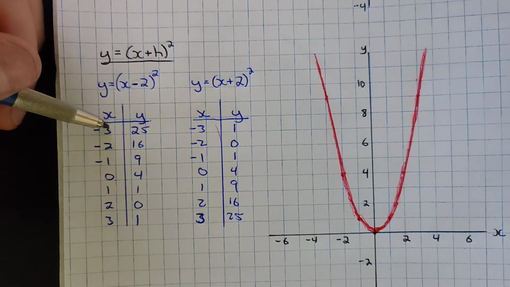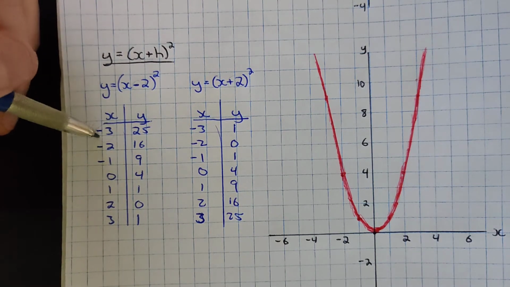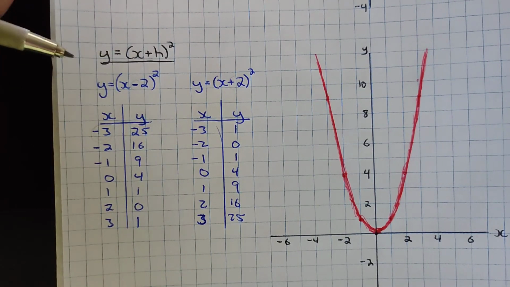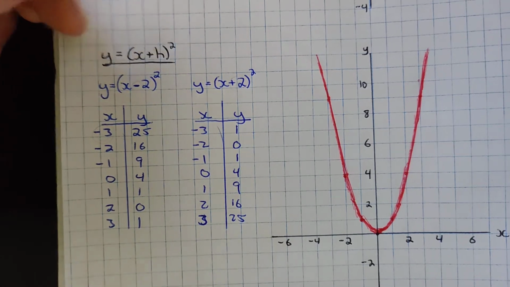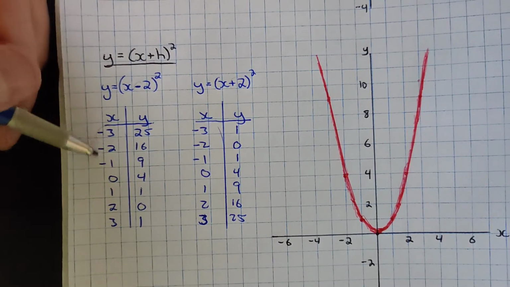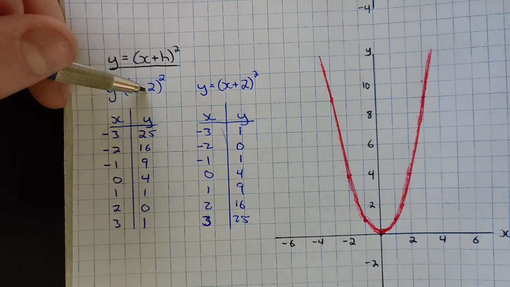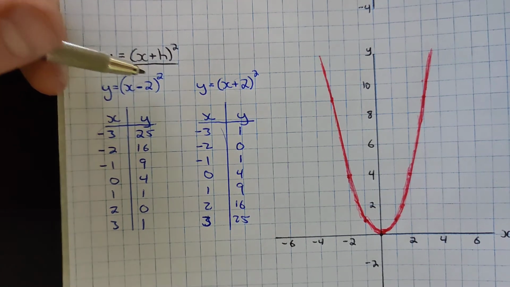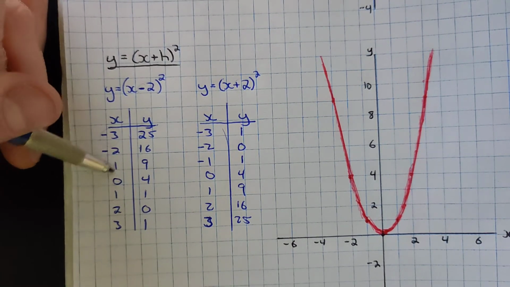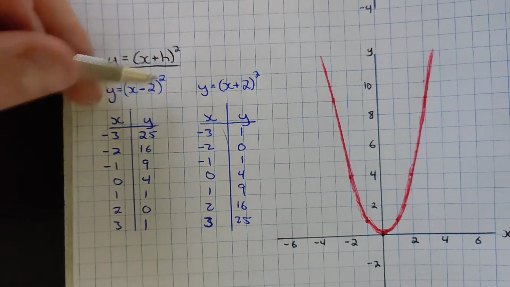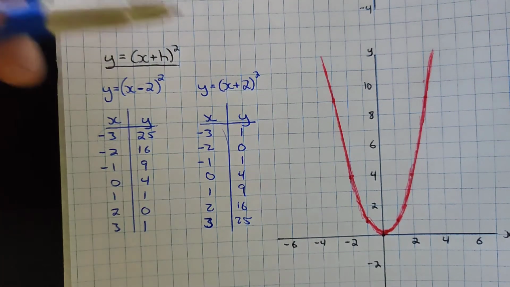So as I do that, -3 minus 2 is -5. Squaring -5, I get 25. -2 minus 2 is -4, squared is 16. -1 minus 2 is -3, squared is 9, and so on.